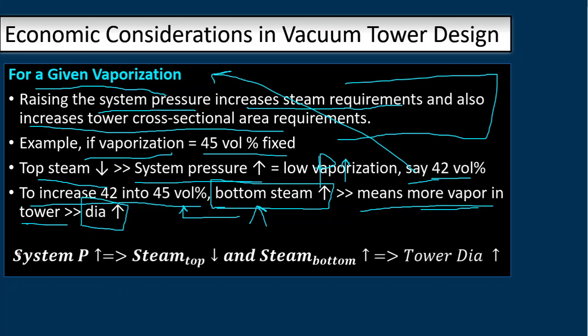So in short, we can write all these words in this symbol. If system pressure increases, the steam at the top will decrease, but the steam at the bottom will increase, and it means the tower diameter will increase. So this is the case when we are increasing the pressure.